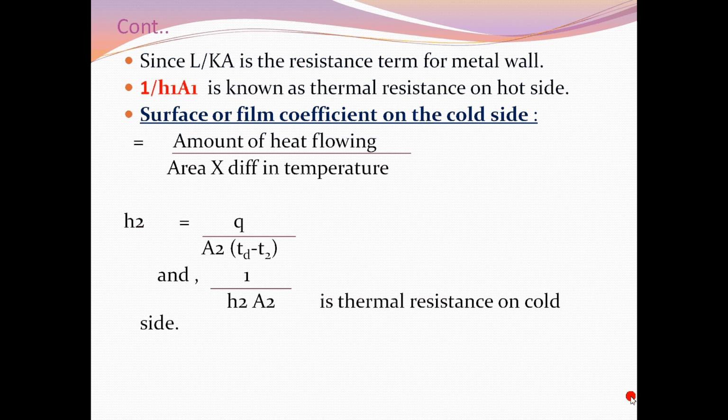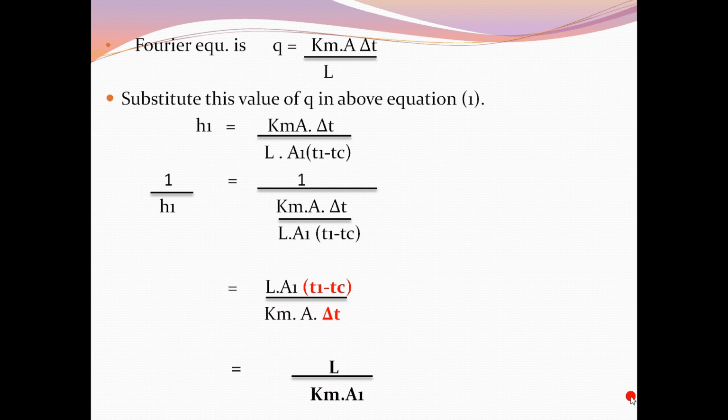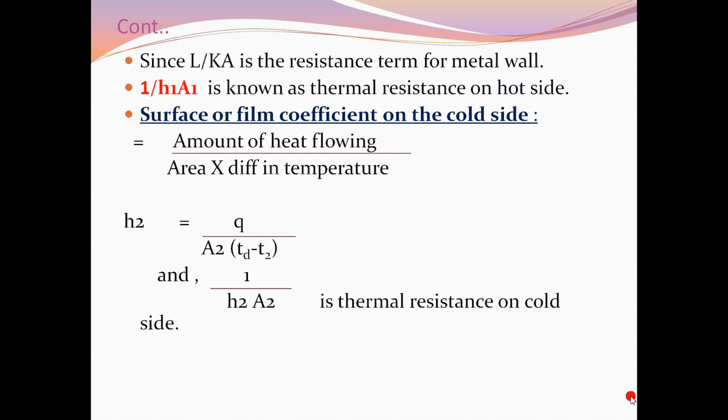Since L by K is the resistance term for the metal wall, and 1 upon H1 into A1 is known as the thermal resistance on the hot fluid side. Similarly, for the surface or film coefficient on the cold side, as per definition, it is the amount of heat flowing divided by area into difference in temperature.